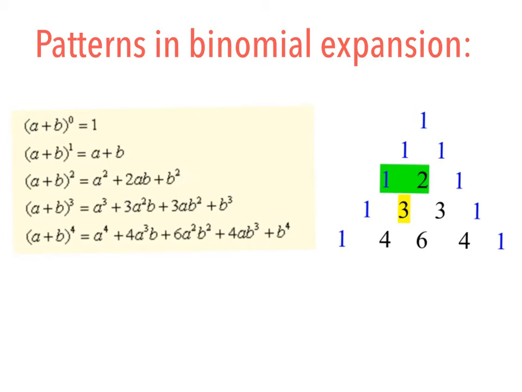Same thing here. I have the power of 3, 2, 1, and 0 for a, and for b, 0, 1, 2, 3. So the first term's power starts at the highest and decreases, whereas the second piece starts at the lowest and increases. So there are all these patterns in binomial expansion, which we can then define in our theorem.